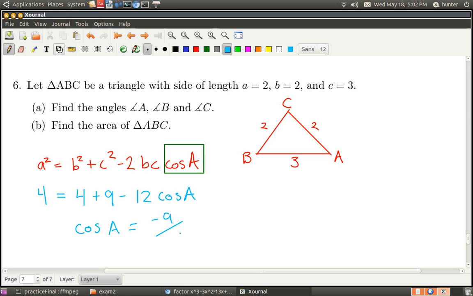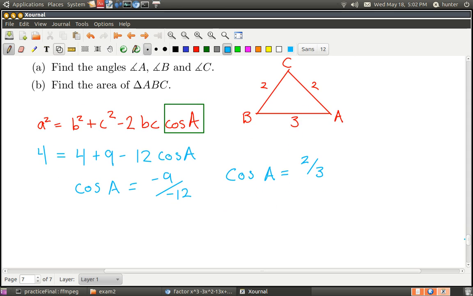Minus 9 divided by minus 12. And so cosine A is equal to 2/3. Alright. Is that right? The 3's cancel here. No, I better be careful, huh? Sorry. So the 3's cancel and I get 3/4. So it's equal to 3/4.